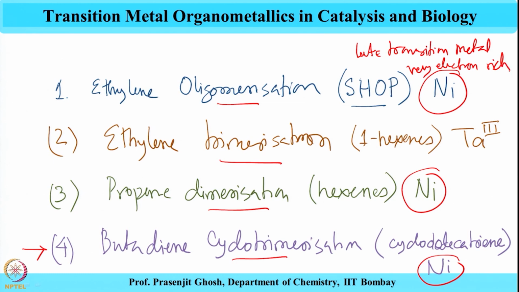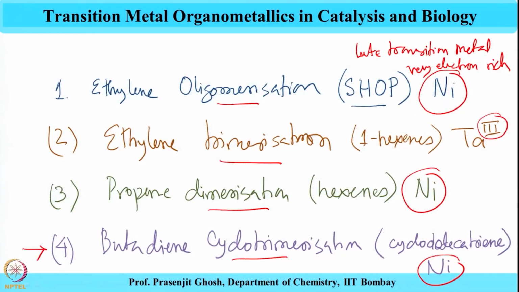This is an interesting observation and correlation that comes out of these oligomerization reactions. It says that olefin oligomerization is usually favored by electron rich late transition metals, whereas olefin polymerization is favored by electron deficient early transition metals. This is the conventional wisdom in the area of olefin oligomerization and polymerization.